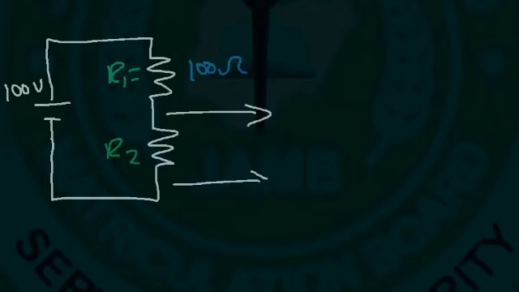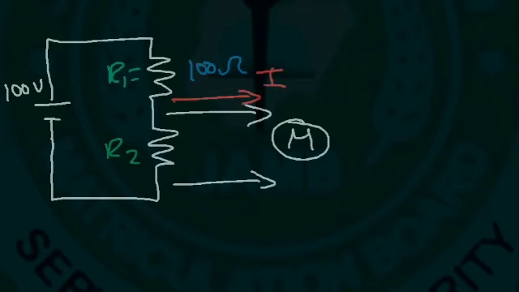If you connect a voltmeter across R2, and the value of R2 goes up, the voltage across R2 goes up. If you increase the value of R2, electrons will prefer to travel through the meter instead of R2. So the current will want to go this way as opposed to going this way.